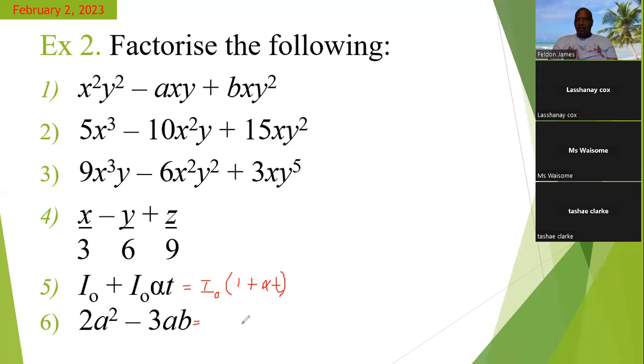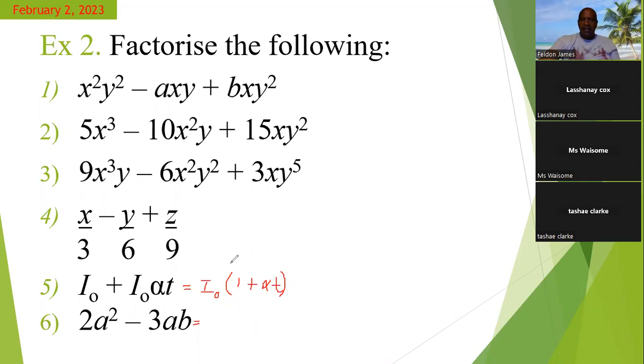It would be looking for common letters or common numbers that can divide the numbers in each term. But in this case, would you be able to find any number that can divide exactly into 2 and 3, the same number? No, sir.